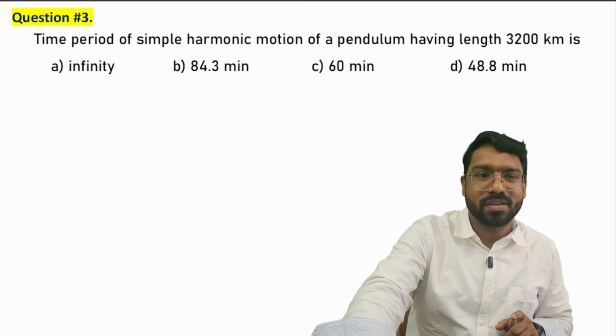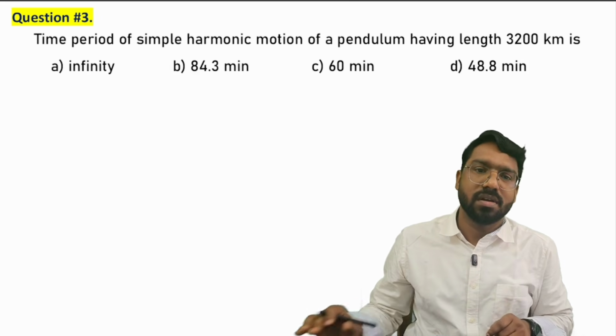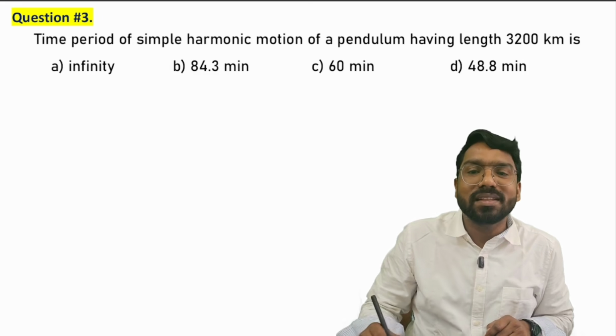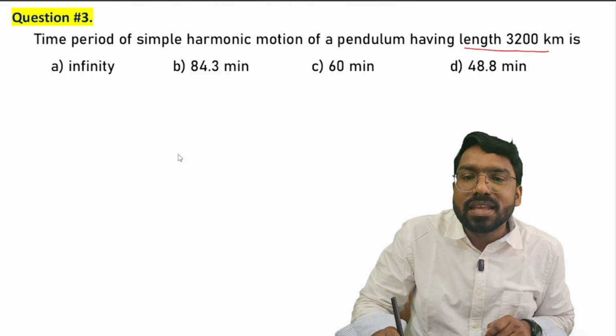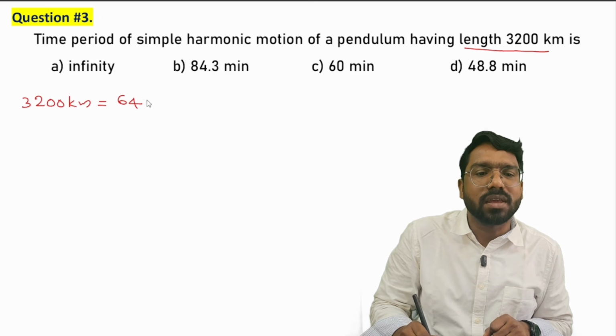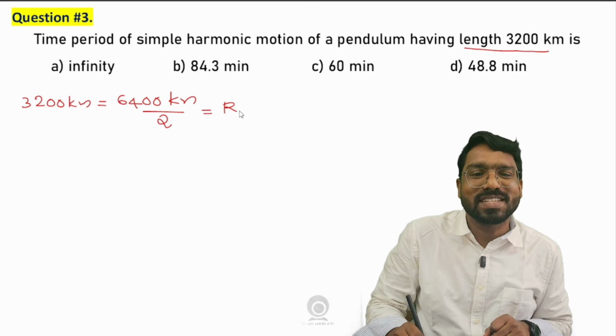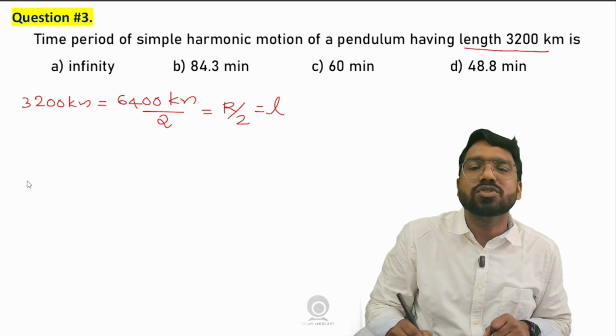Question number 3. Time period of simple harmonic motion of pendulum having length 3200 kilometer. What is 3200 kilometer? It is actually half of 6400 kilometer. That is equal to r by 2. So length is actually R by 2.